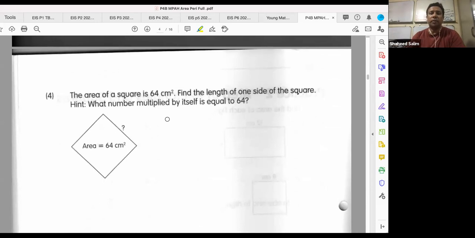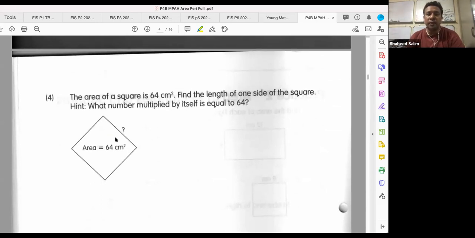You try the next one. The area is 64, but they don't give you anything else. Remember, for a square, both the length and breadth are the same. So you try. What is the answer?